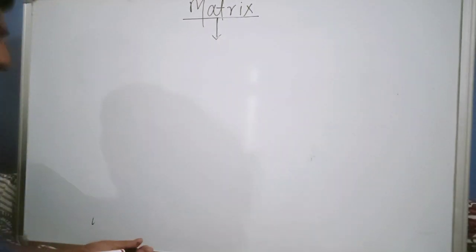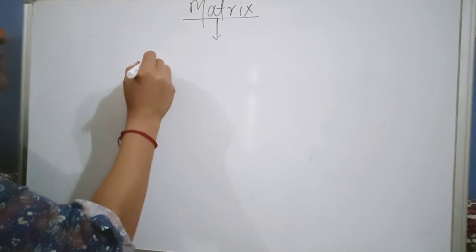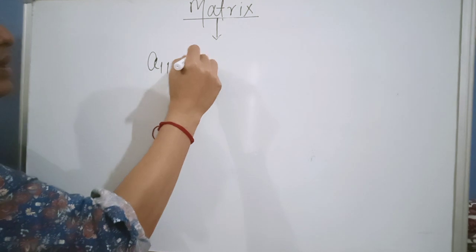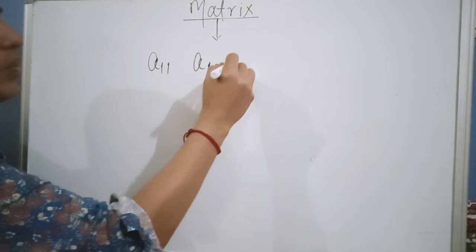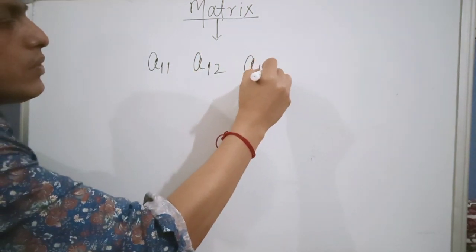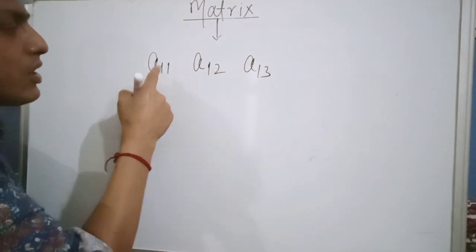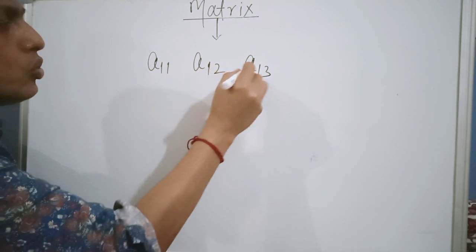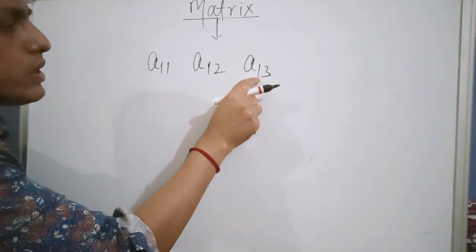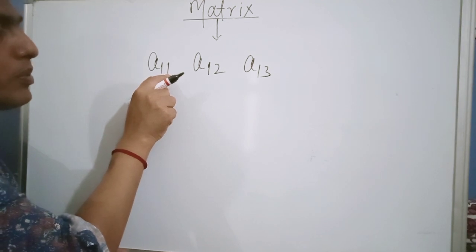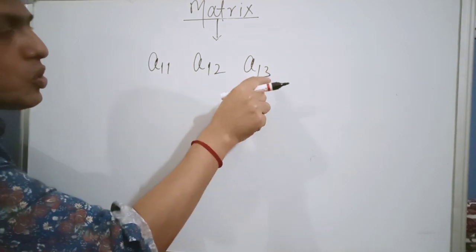Finally, we are generalizing the representation. a11, a12, a13. They are all part of the first row, so the first suffix remains the same. Column number 1, this is column number 2, this is column number 3.